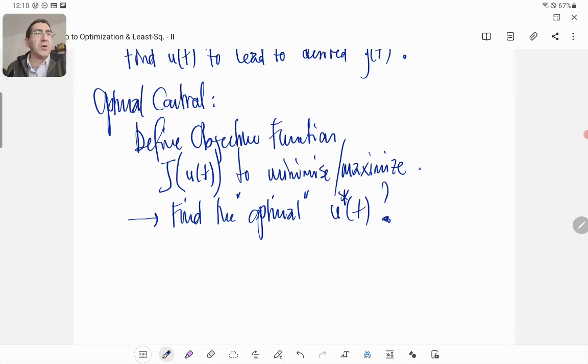So in optimal control theory, you are trying to find an optimal control input that's going to drive the plant to the desired response.